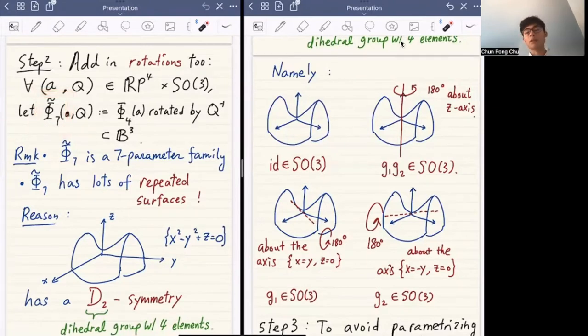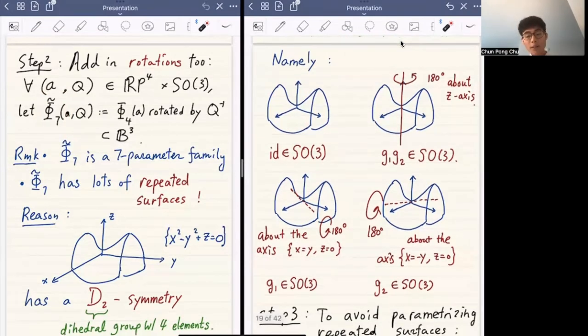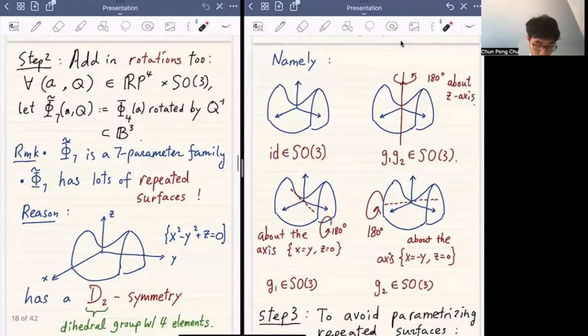It has lots of repeated elements. In fact, there are other symmetries of this saddle surface here, right? Although it is not apparent from the pictures, there is an axis, this axis, that lies on the xy plane, so that if you rotate the surface about this axis by 180 degrees, you get the same element.